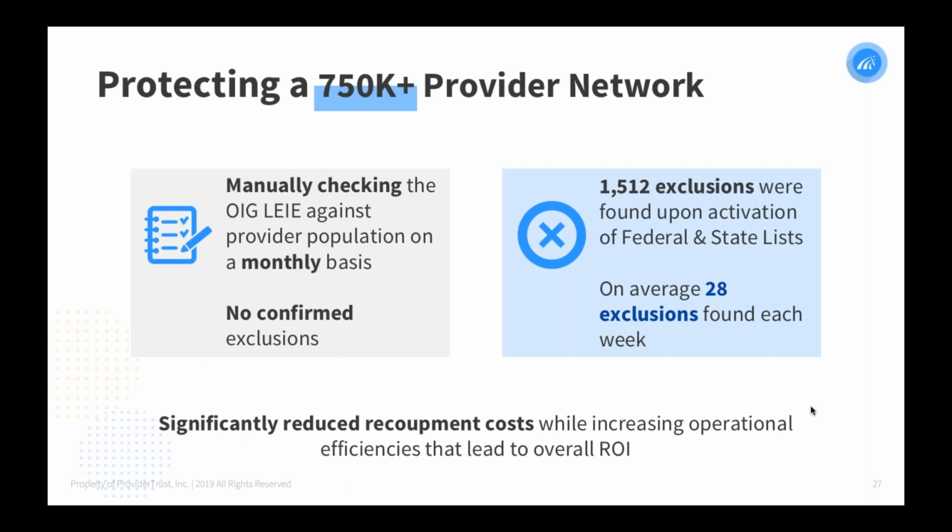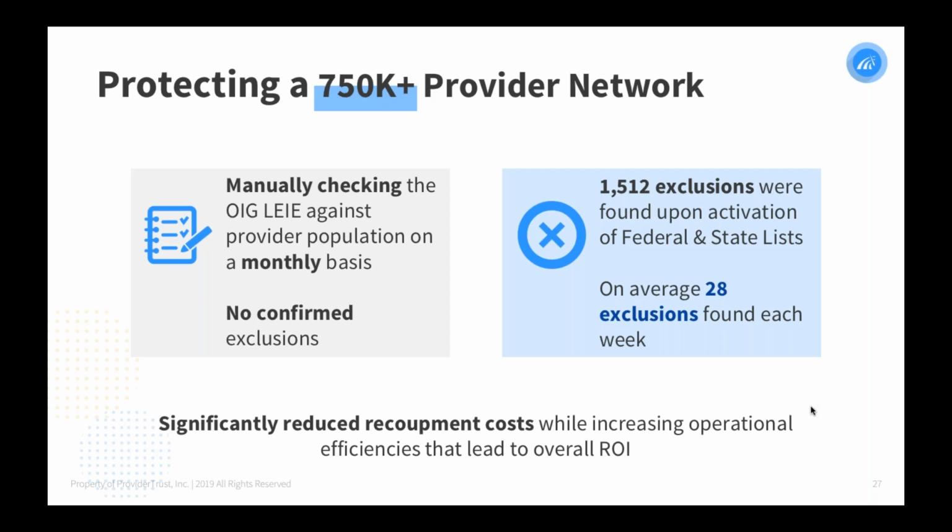When they came to work with us, we took their provider network data and, upon activation, found 1,500 exclusions. Part of that comes from expanding beyond the federal lists to the state lists, which, as Colby said earlier, is really important. We can't stress that enough, because you cannot trust that everything published at the state level makes it to the OIG and vice versa.